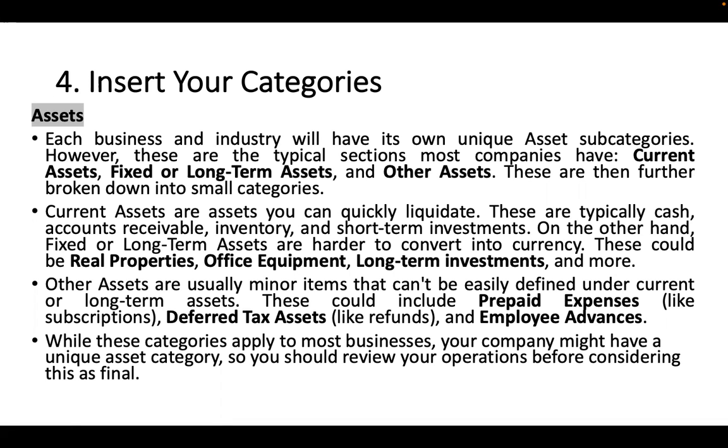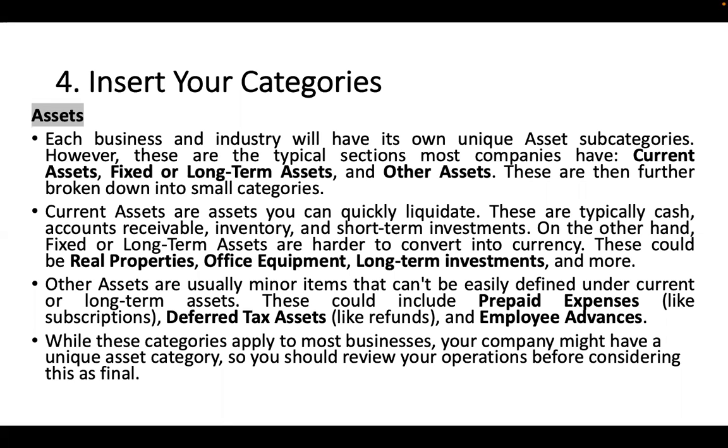However, these are the typical sections most companies have: current assets, fixed assets, or other assets. Bigger companies can have some different subcategories also.